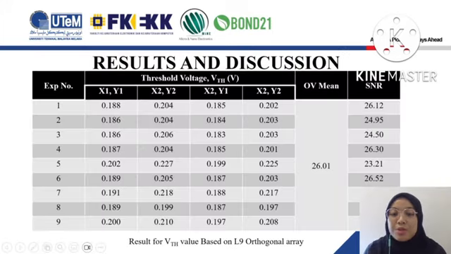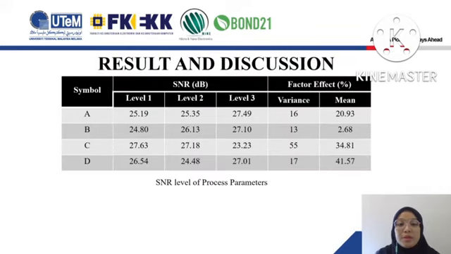The table shows the result for threshold voltage value based on the L9 orthogonal array. And the result shows the OV mean for the experiment is 26.01. Next, the table shows the signal-noise ratio level of process parameter.